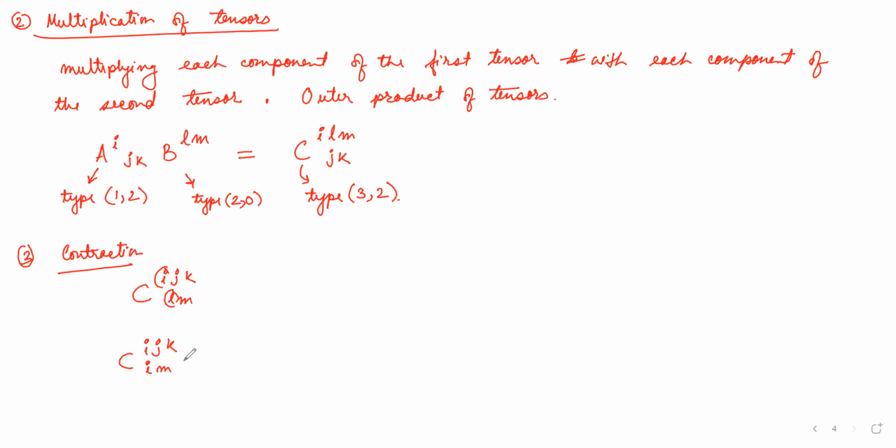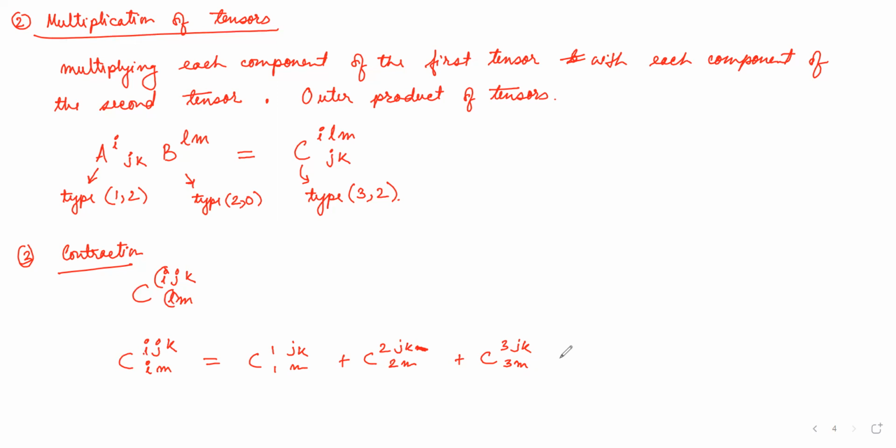So we have one repeated index. This actually means we are taking C^1_jk1m plus C^2_jk2m plus C^3_jk3m.